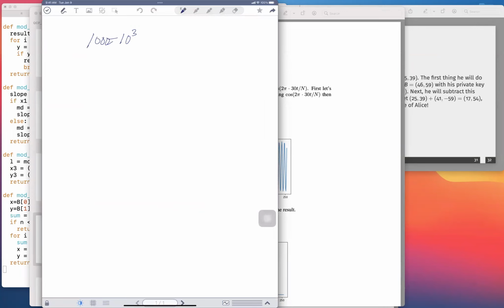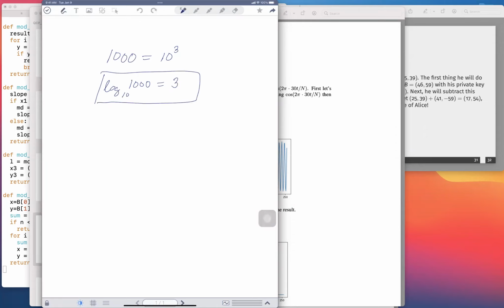So according to the definition of logarithm, the logarithm of 1000 base 10 is equal to 3.